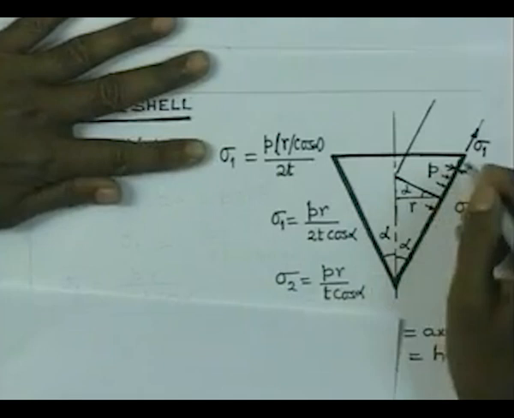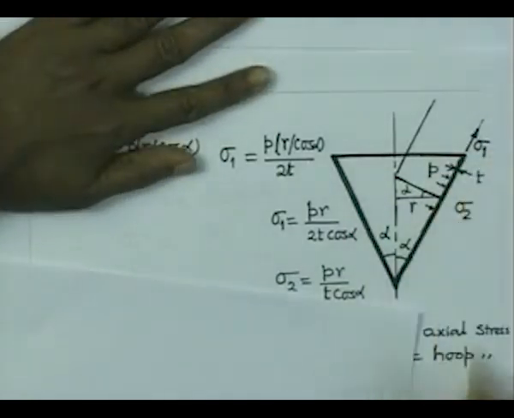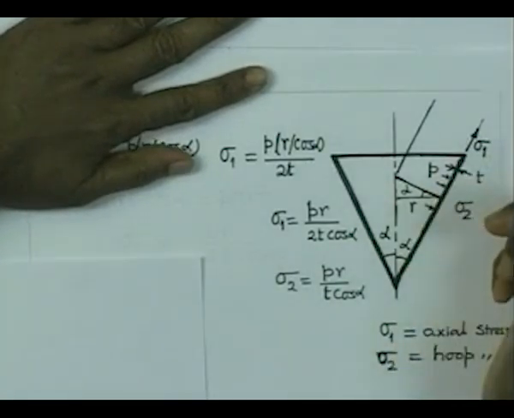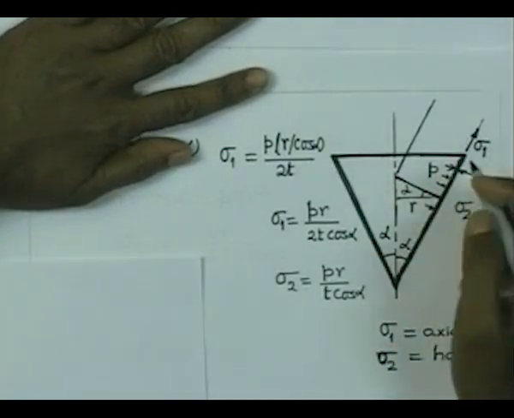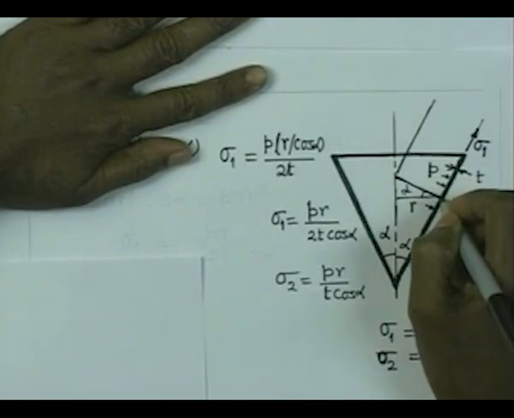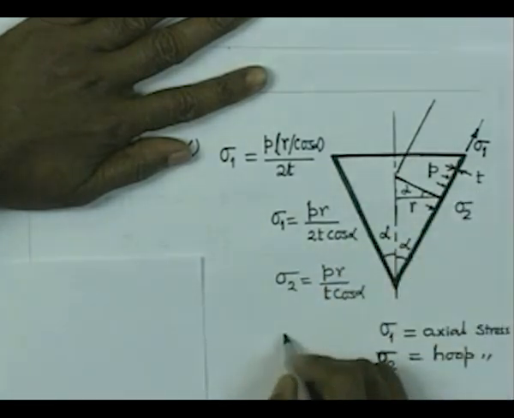To calculate this stress sigma 1, we can also follow another procedure. I need not use the formula that we have derived for the cylindrical shell. Let us take a section of the vessel at this point.